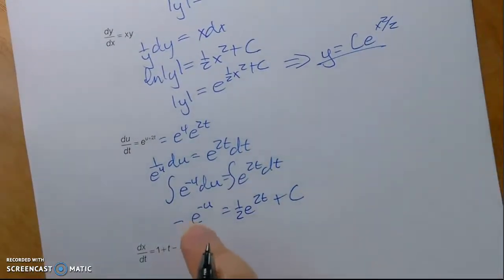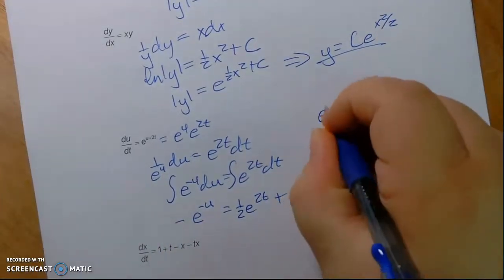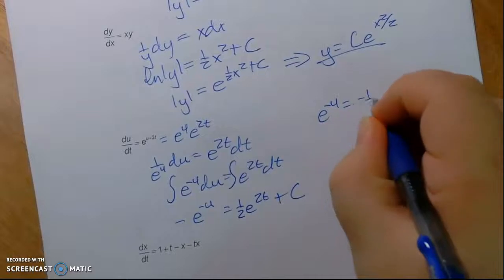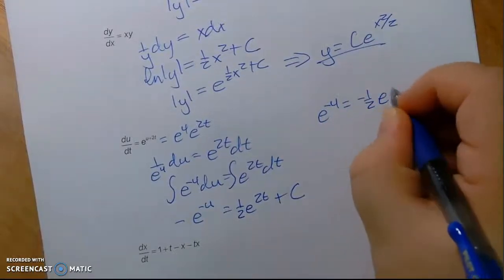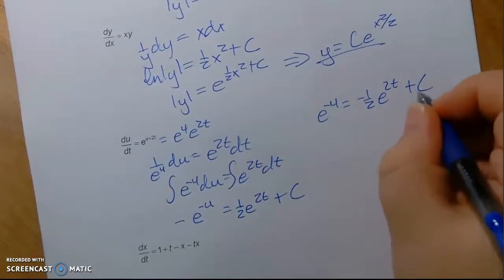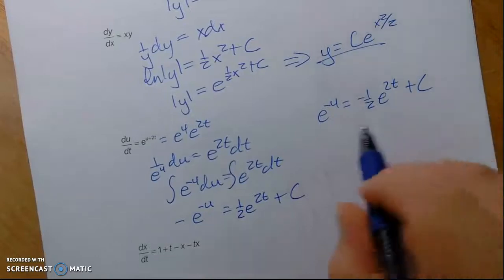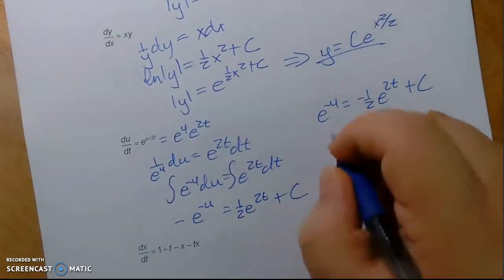All right, we got to solve for u. So the first thing we're going to do is get rid of the negative sign. We have e to the negative u equals -1/2 e to the 2t plus c. Again, absorb the negative sign in the c. We're going to take the natural log of both sides.